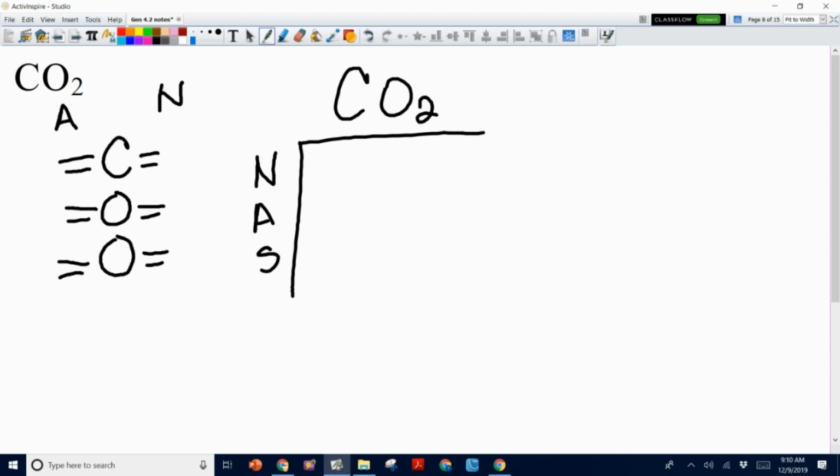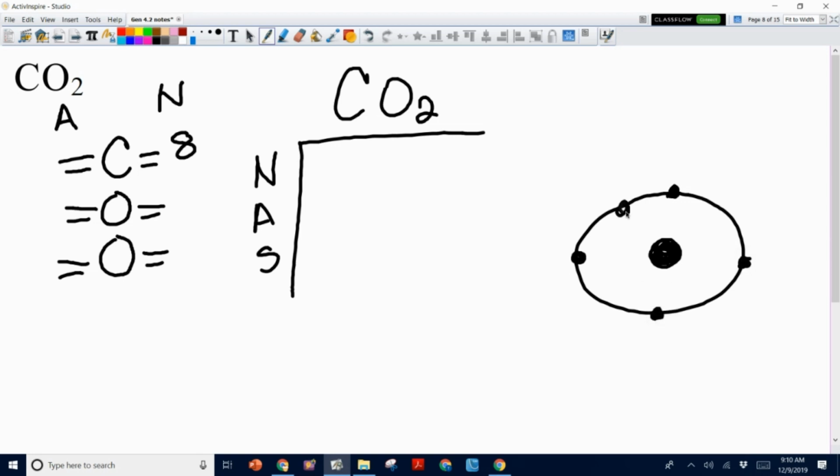All right, so let's look at carbon. Carbon needs how many electrons to have a full outer shell? The answer to that is going to be 8, because in the outer shell of carbon, this is the nucleus. The outer shell of carbon right now has 4 valence electrons. So that shell is not full. If that shell is going to be full, we would have to have 8 there to satisfy the octet rule.